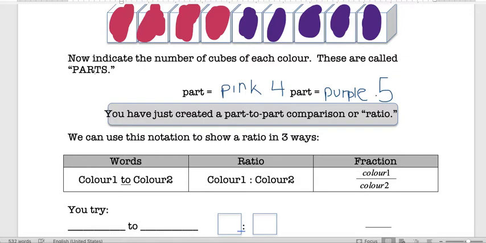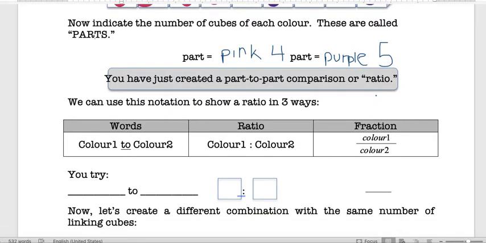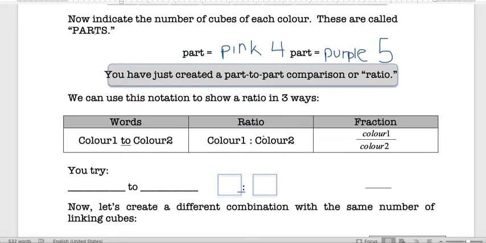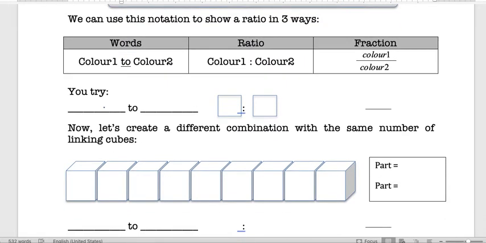So if we wanted to, we could use this notation to show the ratio in 3 ways. So I could have 4 to 5.